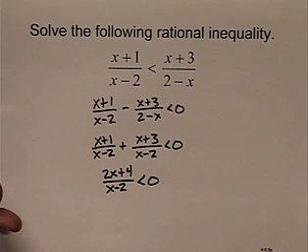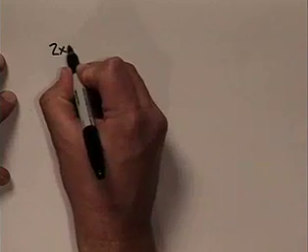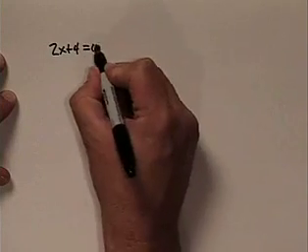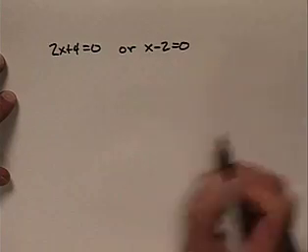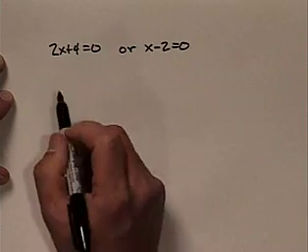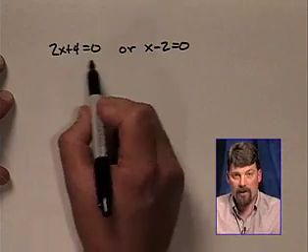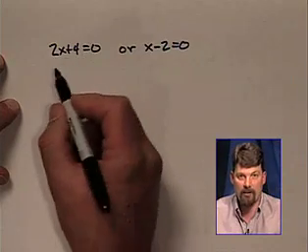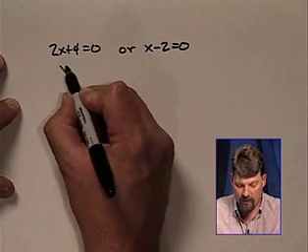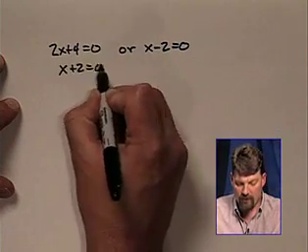So the next thing I have to do is check when the numerator and the denominator are equal to 0. So the equations I have to solve are 2x plus 4 equals 0, or x minus 2 equals 0. One step I can do is divide both sides by 2, since there's a common factor of 2. That will simplify things, so that would give me x plus 2 equals 0.